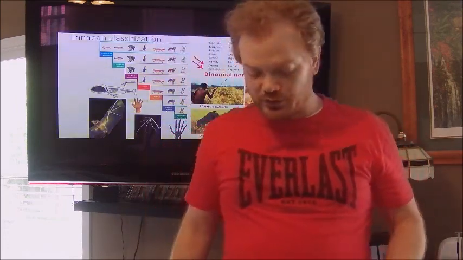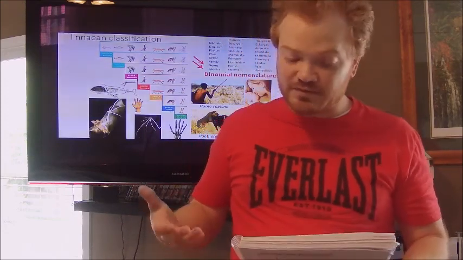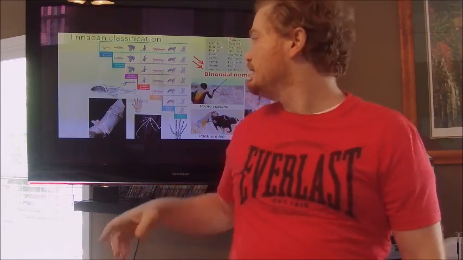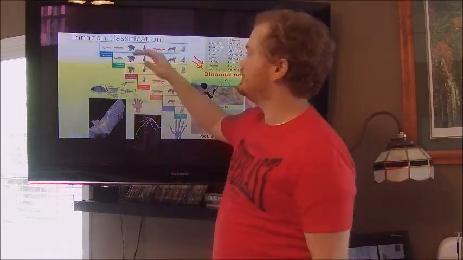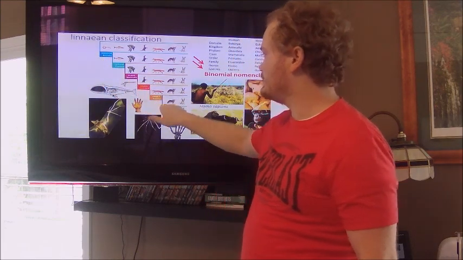Now, as we well know today, there are also domains, right? So there's a little more to say here, but this Linnean system of taxonomy is still very important, and it wouldn't be the worst idea for you to understand that there are domains, kingdom, phylum, class, order, family, genus, and species. You're talking about identifying organisms based off of similar physical structures and or relationships.